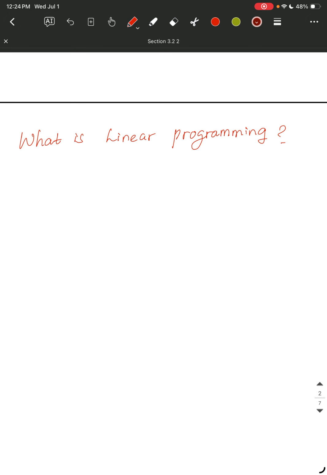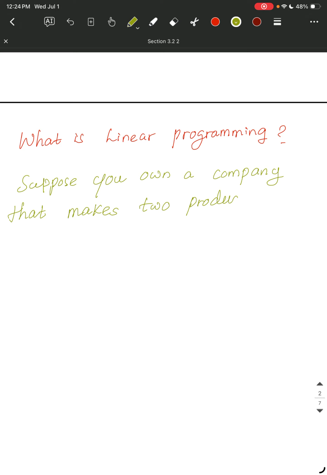Suppose you own a company that makes two products. You have limited resources such as labor, materials and time.